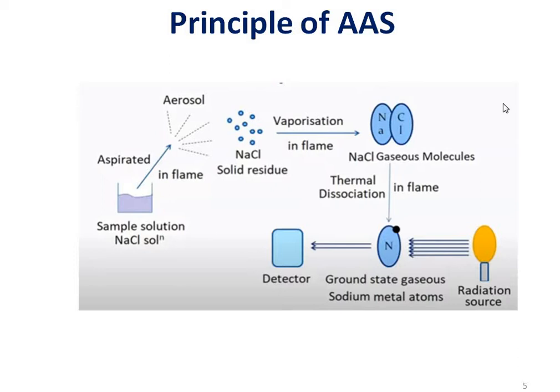Some of the radiation is absorbed by the sodium metal atom, but some is transmitted, and this transmitted radiation is detected by the detector. It is also important to note that the absorption of the radiation follows Beer-Lambert's law, and we have already discussed Beer-Lambert's law in our previous lectures related to UV visible spectroscopy.